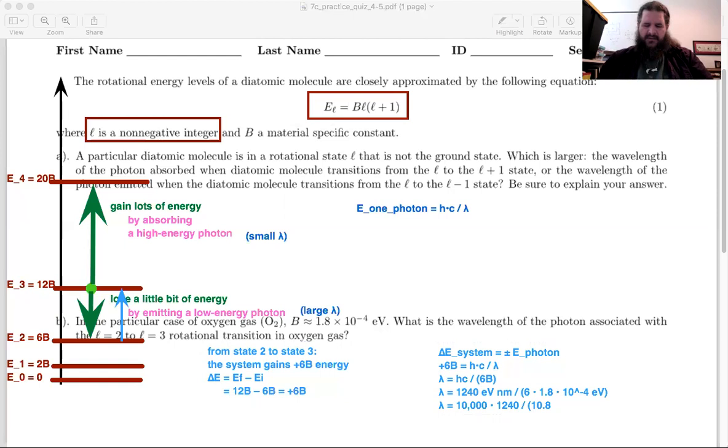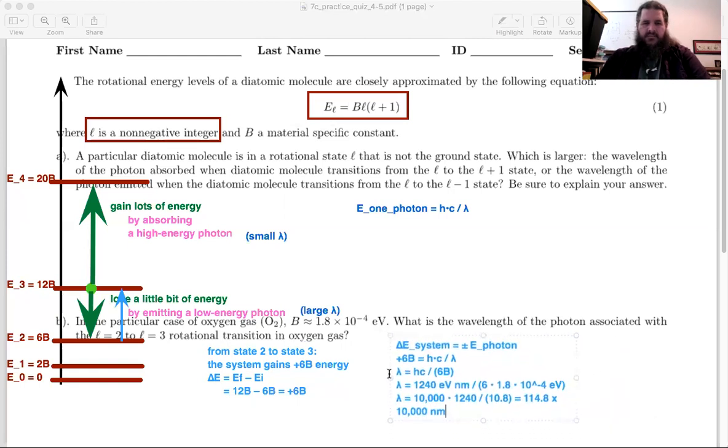And we get about 114, times 10,000. I think that should work. Yeah, that looks about right.